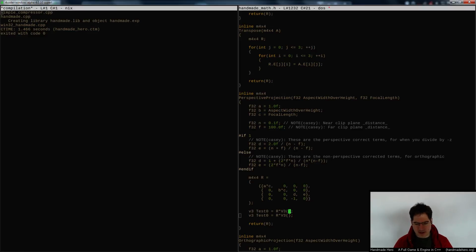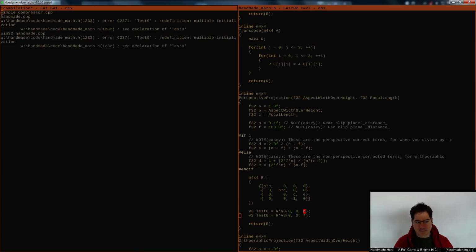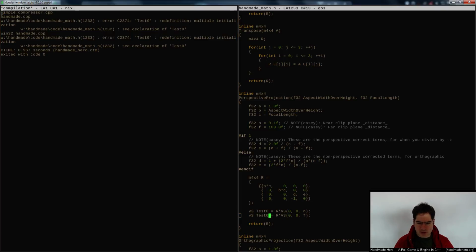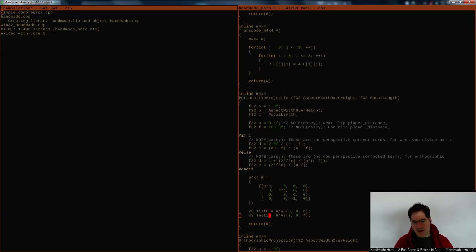Maybe I can put in the near clip plane, and then the far clip plane, and verify that those two things come out to be what we want them to be, which is to say the Z component should be equal to negative the W component and positive the W component, respectively. The only question is, we can't see in that multiplication what happens to the W coordinate in any real way, because we don't actually return the W coordinate.